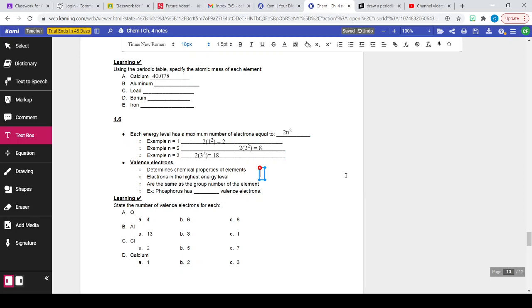Now, this is taking into account your transition metals. So, if we're ignoring that whole middle of the periodic table, then we're just looking at 8 electrons, right? Our valence electrons go up to 8. Valence electrons determine chemical properties of an element, right?